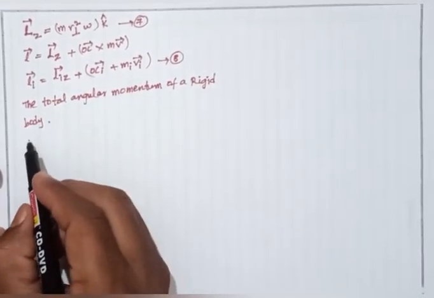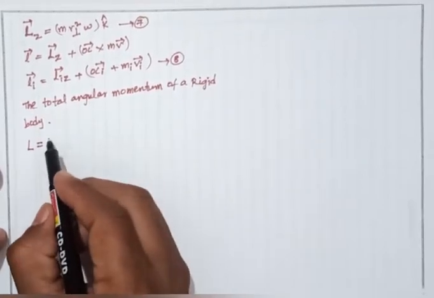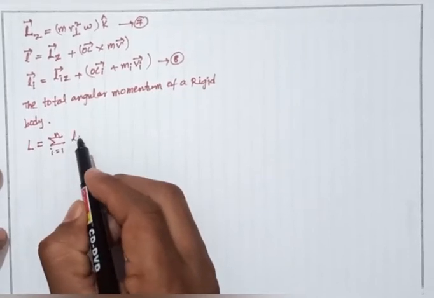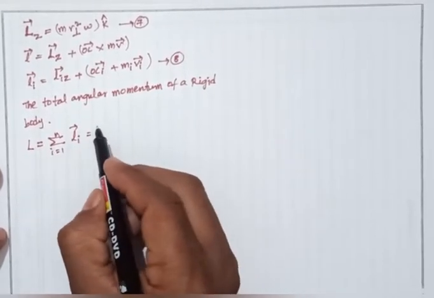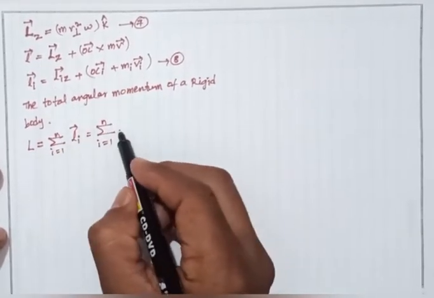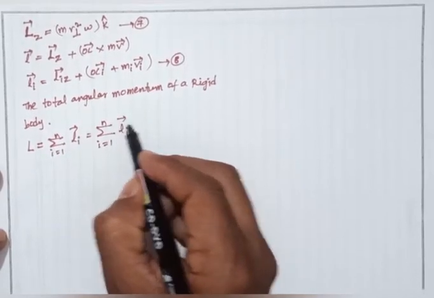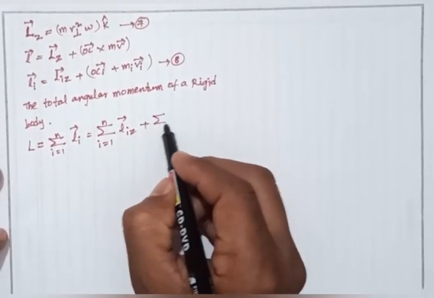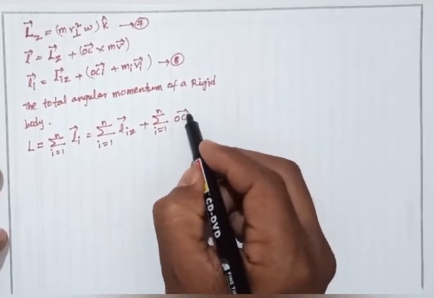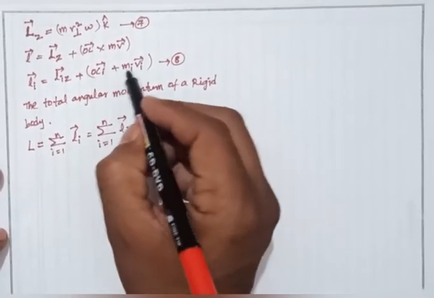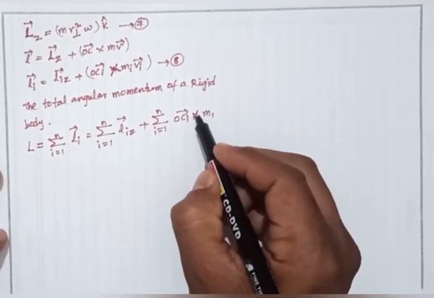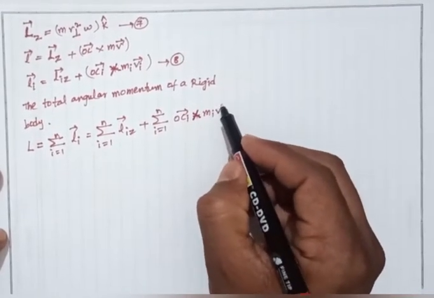So the total angular momentum equals the summation over i equals 1 to n of Li bar, which equals the summation over i equals 1 to n of Liz bar plus the summation over i equals 1 to n of OCi bar cross mi Vi bar.